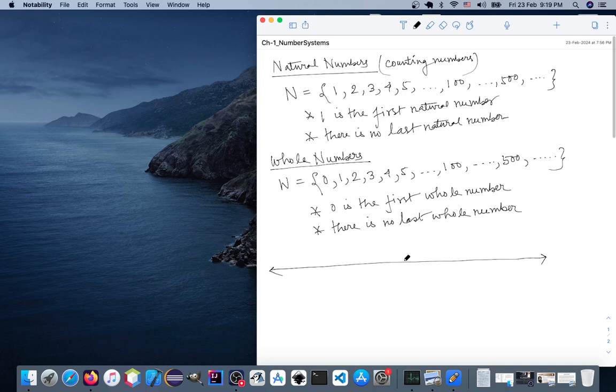And on this line, at the middle point, we take a point, we label it as 0, which means the origin. Now, this origin denotes the value 0.